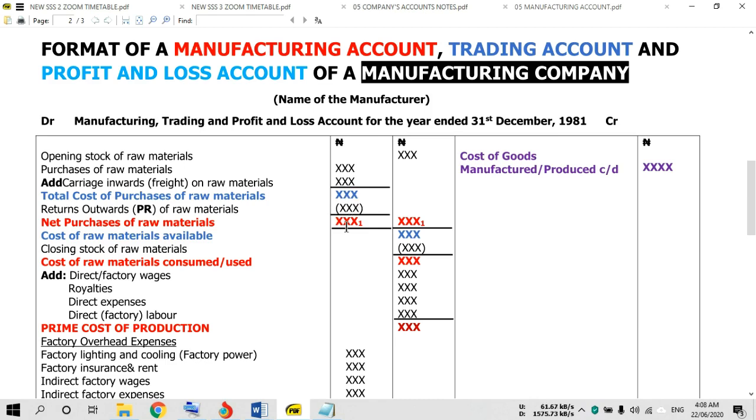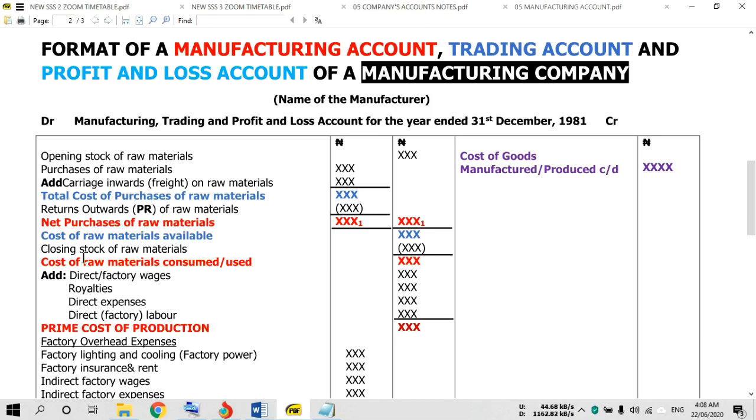When you subtract it, you get your net purchases of raw materials, which is transferred to the column where you have your opening stock of raw materials. The two are added together to give you the cost of raw materials available, which will be available to be used in the organization.